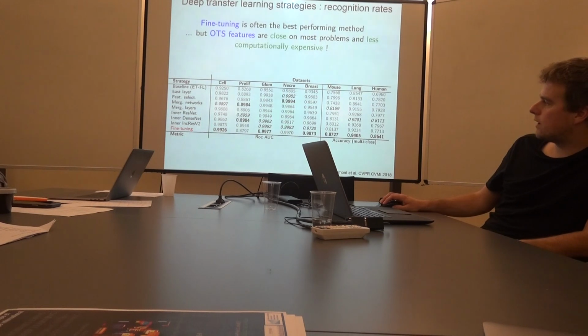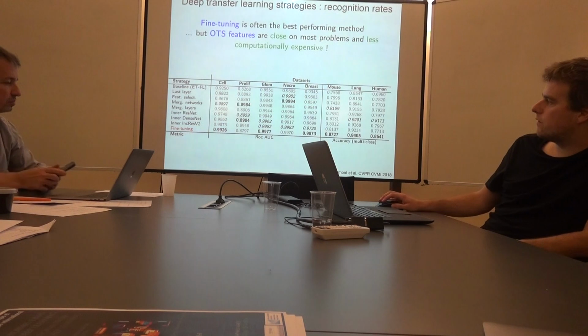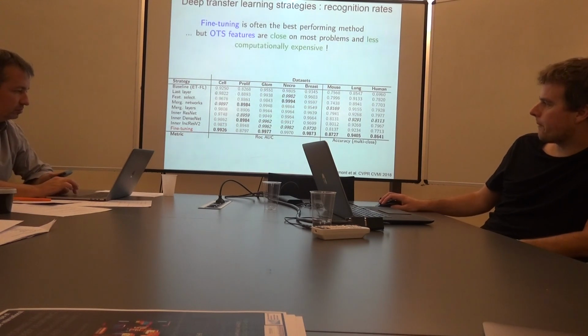If you reuse these networks as they are, you already obtain quite good results. These are recognition rates, so that means that 90% of the time this network is able to recognize the types of cells, etc.